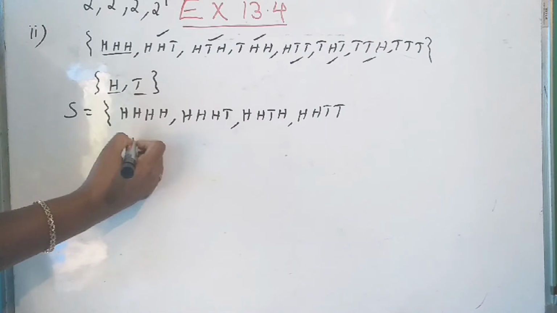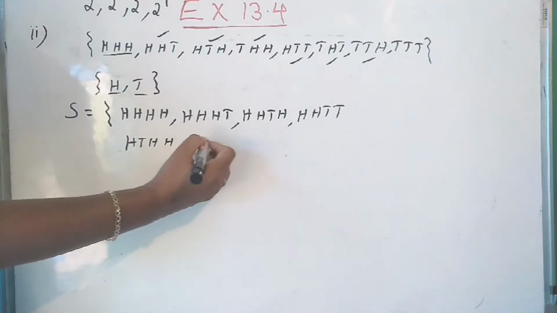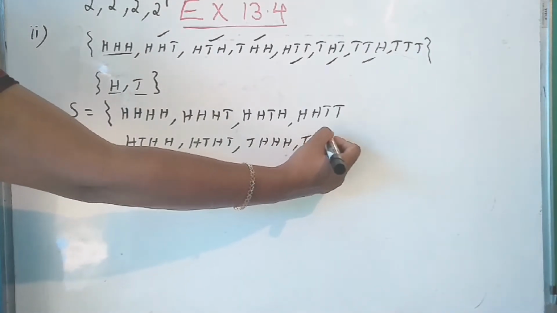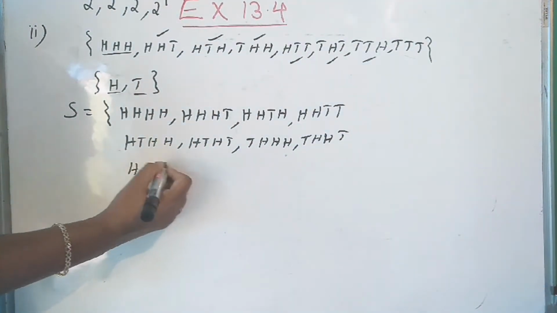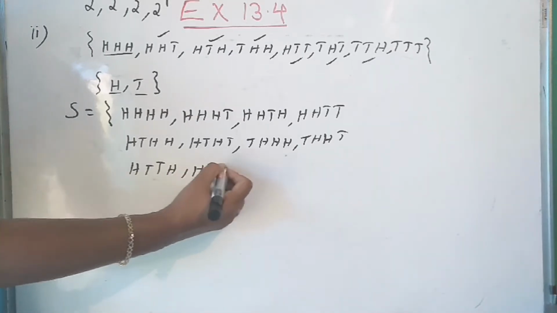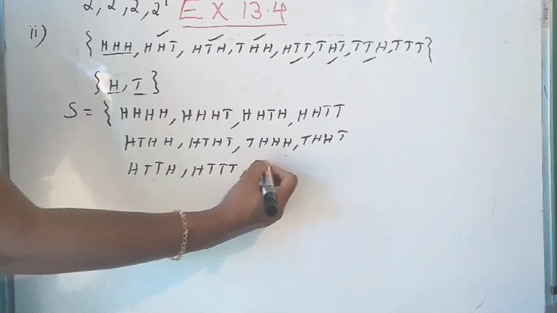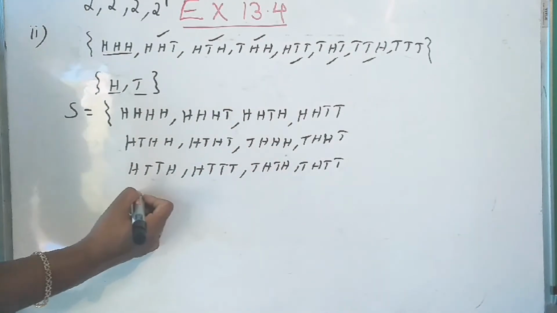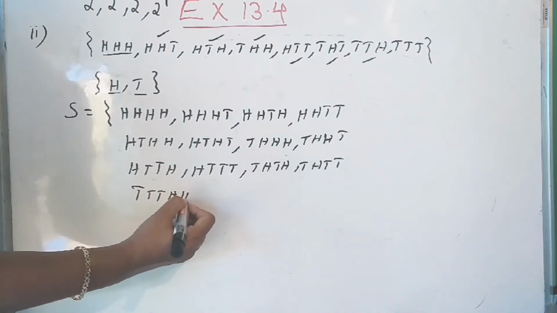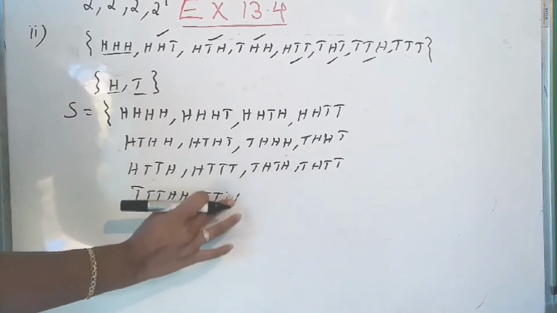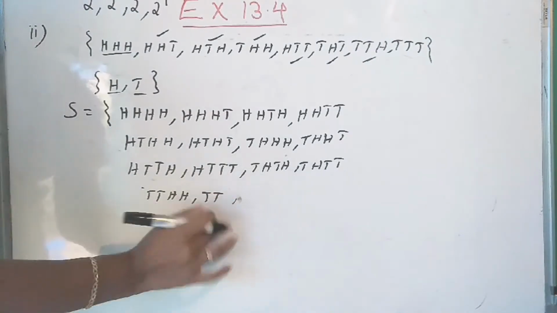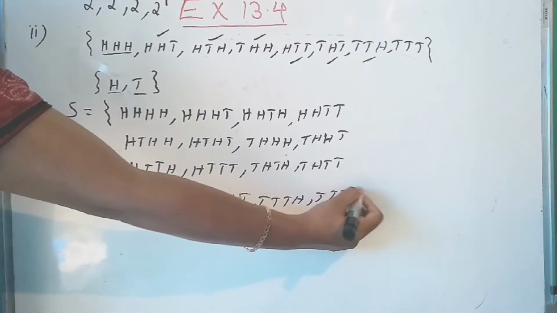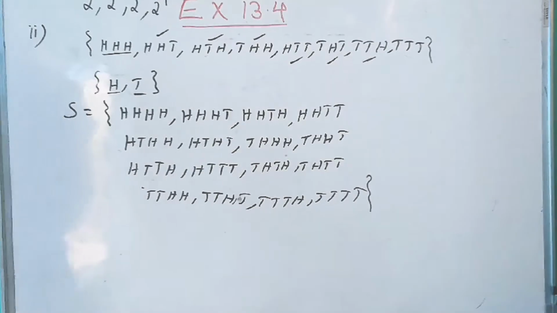Now the third element, and so on, listing all combinations of the remaining elements with H and T. Okay. This is our 16 outcomes.